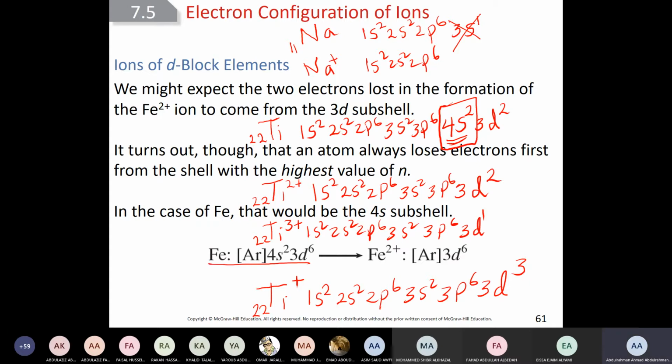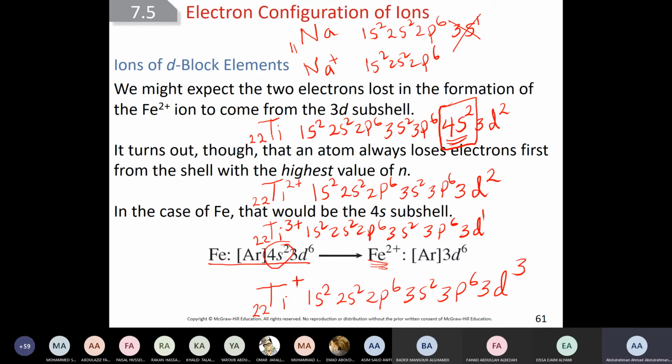Last thing, look at this one. This is iron, which is argon 4s2, 3d6. When we have iron 2+, where are we going to lose the electrons from? 4s, and we take the 2 electrons. All right.